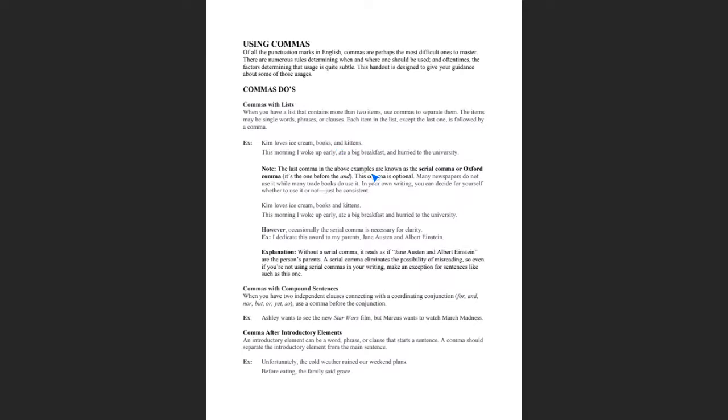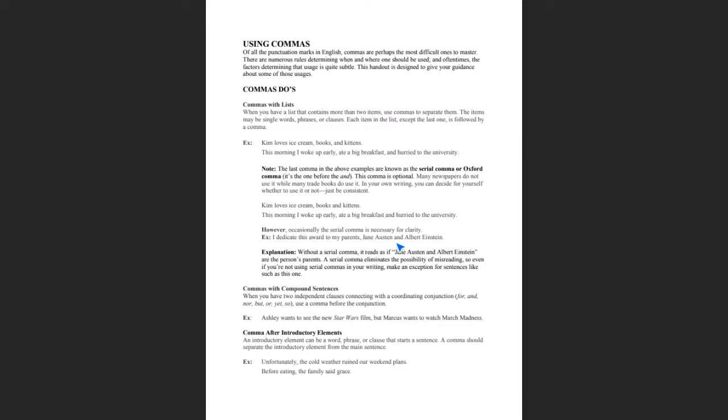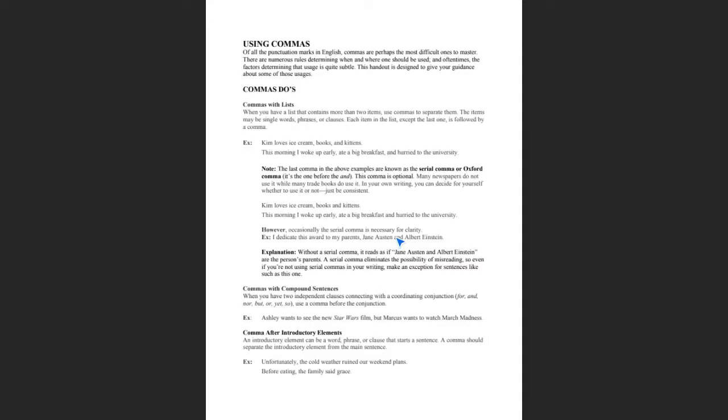However, you do need to notice that in some cases, the serial comma is necessary for clarity. So if you look at this example here, I dedicate this award to my parents, Jane Austen, and Albert Einstein. Without the comma after Jane Austen, it seems as if Jane Austen and Albert Einstein are the person's parents.